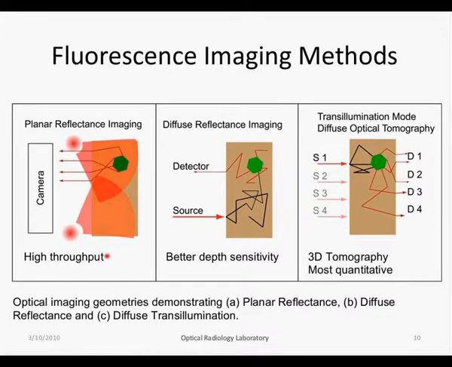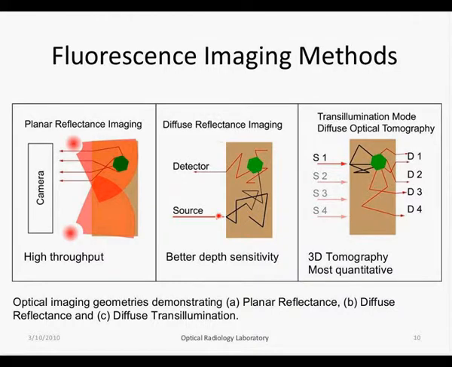You illuminate the surface of the subject uniformly, ideally, and the fluorescence agent is then detected based on the signal and the location, and that can be very high throughput, and the cameras can acquire fluorescence images at very high rates, depending on the signal strength.